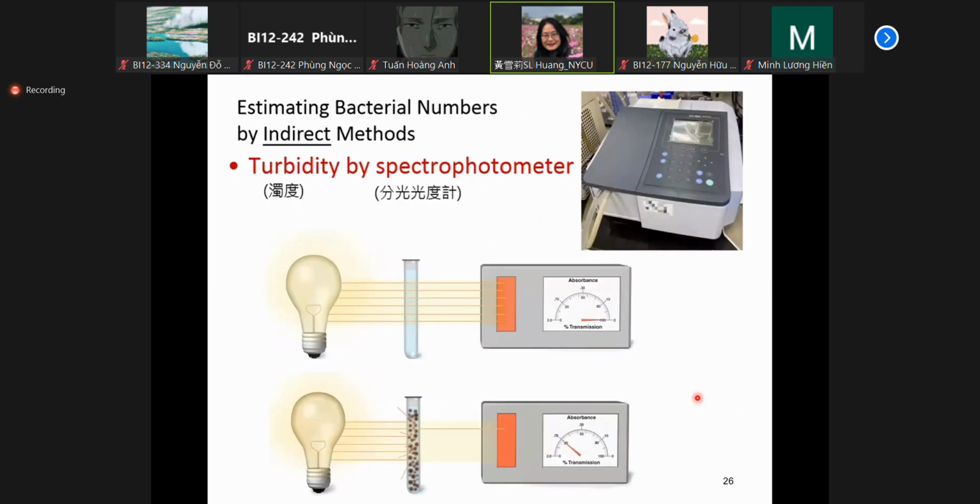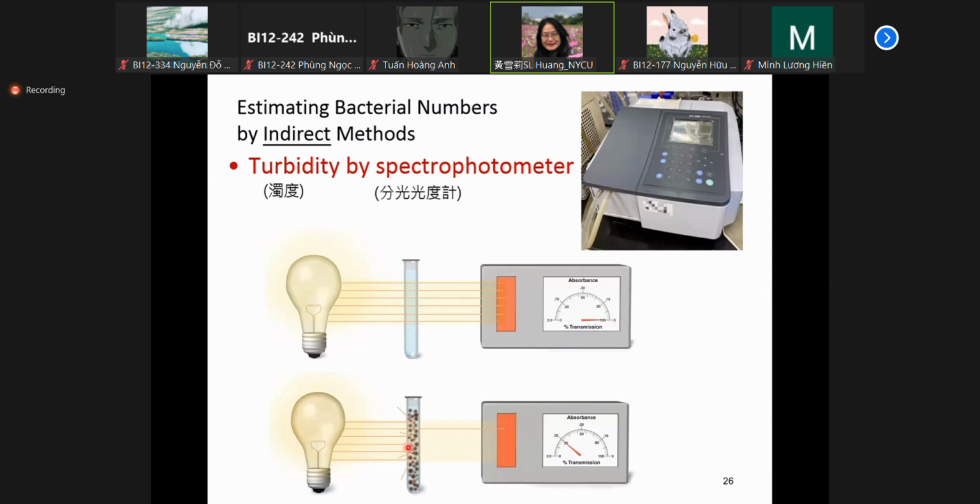As for the indirect method called turbidity, normally we use spectrophotometry. The principle is shown here. So this is the cuvette containing the cell suspension. If there's no growth, all the light will pass through, so the transmission is 100% as a control.